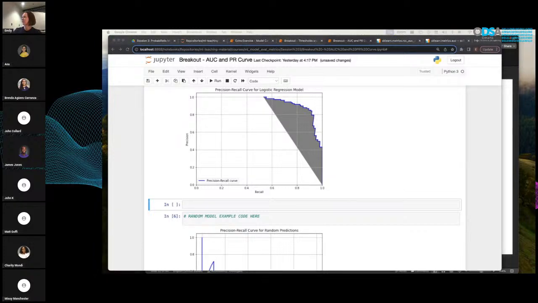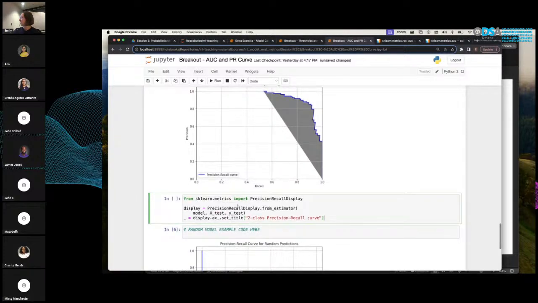So if you want to plot this in the future and you don't want to go through all the matplotlib things, sklearn.metrics has a PrecisionRecallDisplay function. To this display function, you can call from_estimator, and you can actually pass your model. So you don't have to calculate the probabilities and then pass the probabilities.